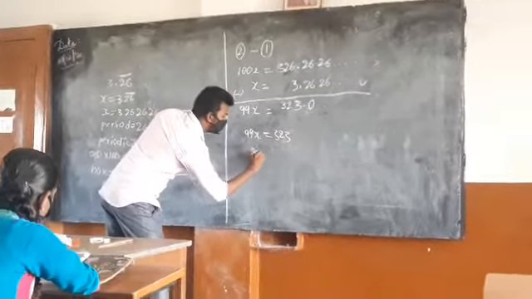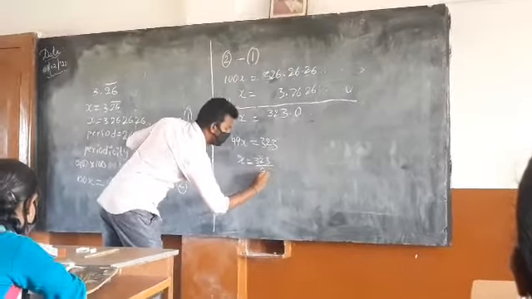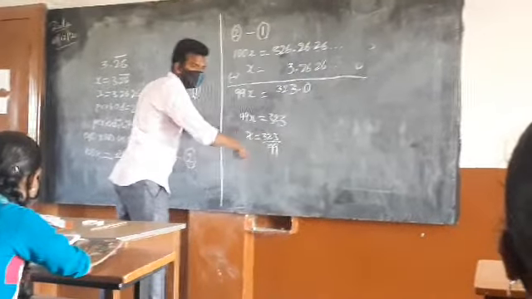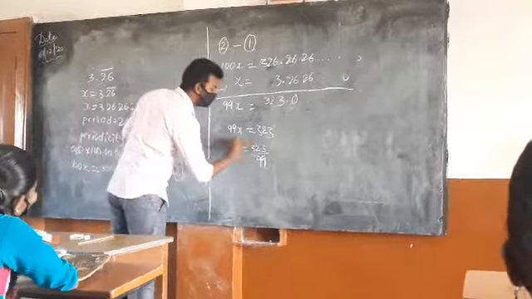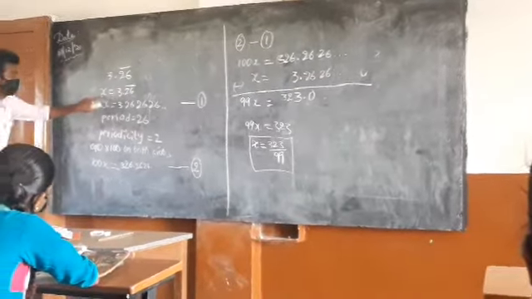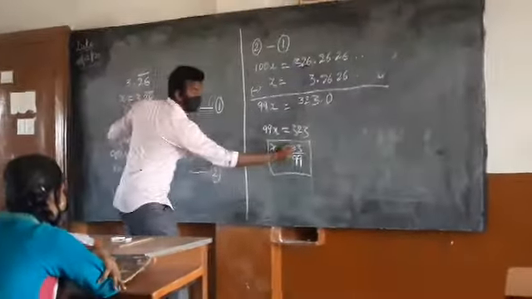That implies x equals 323 by 99. Very good. You can simplify if anything is cancelled, or you can leave it as it is. So you have made this x, which is 3.26 bar, into p by q form.